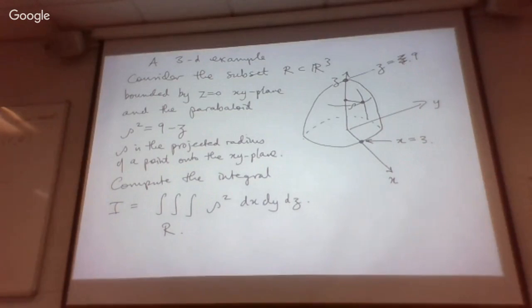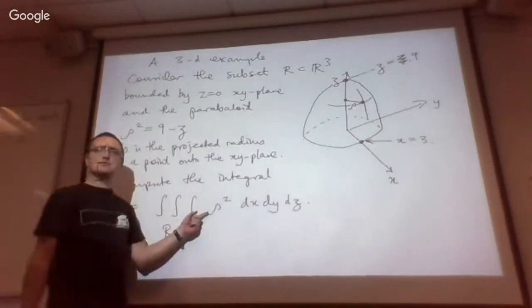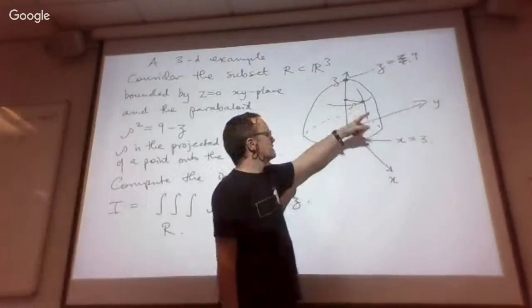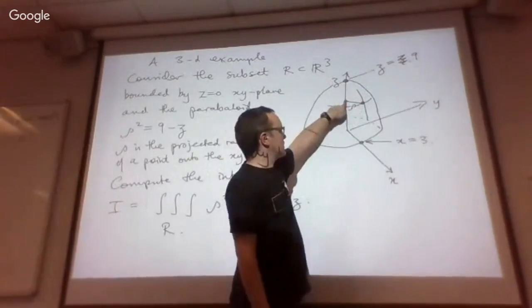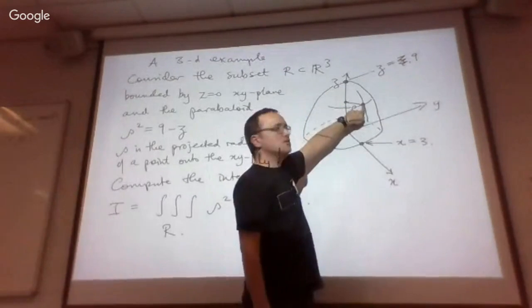However, we don't want to stick with that coordinate system, because the stuff looks kind of roundy. It's a roundy volume. And this is kind of roundy too. This isn't quite the radius, but it's the projected radius. It's a radius-like thing. Rho is the distance from the central z-axis out to the point.